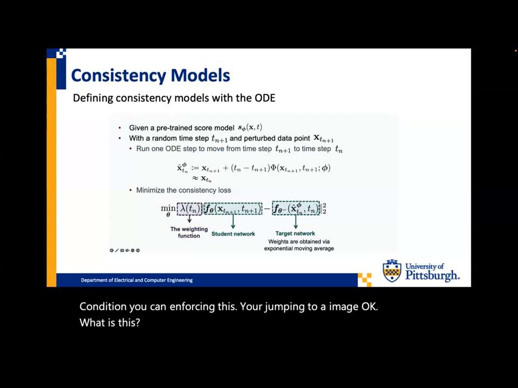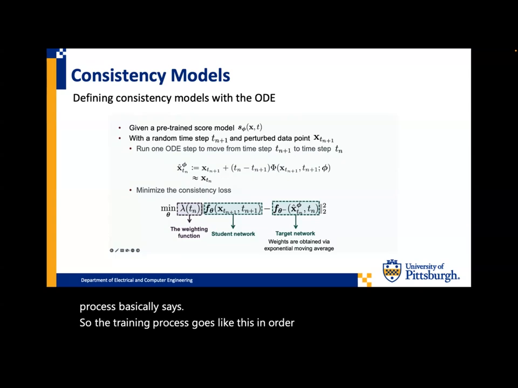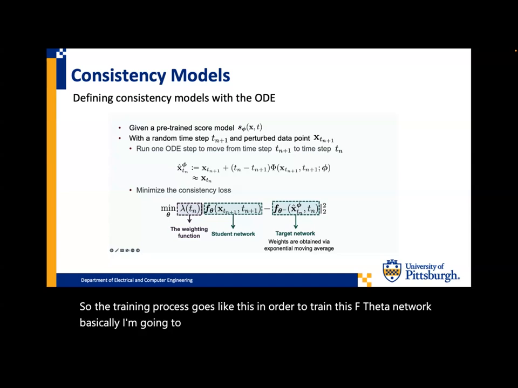Oh yeah, so this is the training process. In order to train this f theta network, I'm going to start from xt, and this is x0.